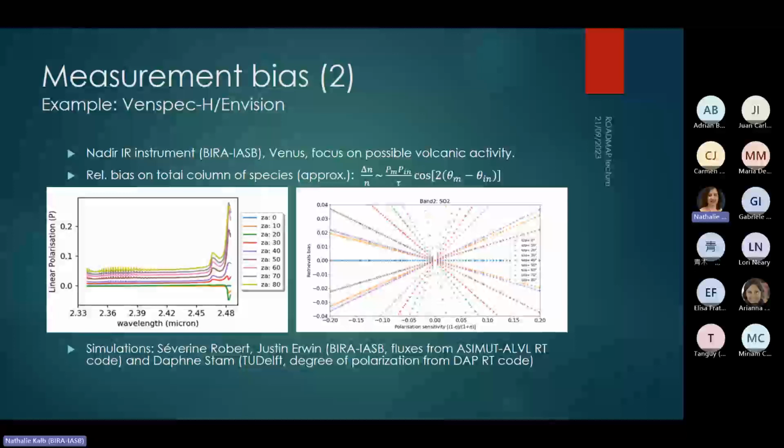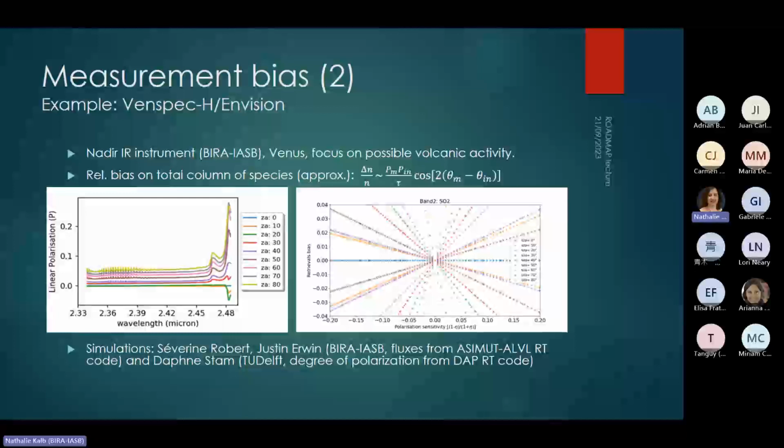And this is what is shown here on the right panel. This is polarization sensitivity. It is negative. Don't worry about it. Just look at the positive values. And it's linear. The slope of this line is proportional to the degree of polarization.